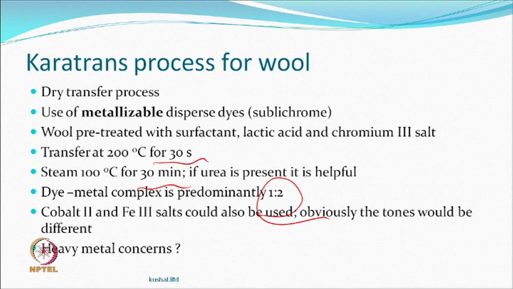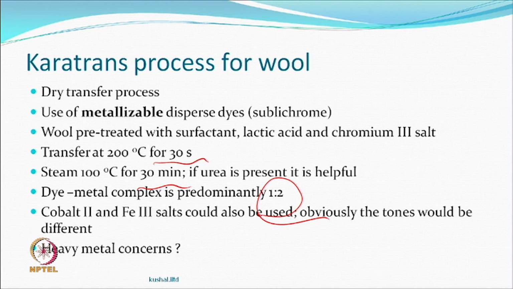Otherwise, chromium and cobalt are not very preferred materials, although they found chromium is the one which gives quite true shades of whatever type with these metallizable dyes. Iron gives something else. Iron from an environment perspective is acceptable, chrome and cobalt obviously not so much.